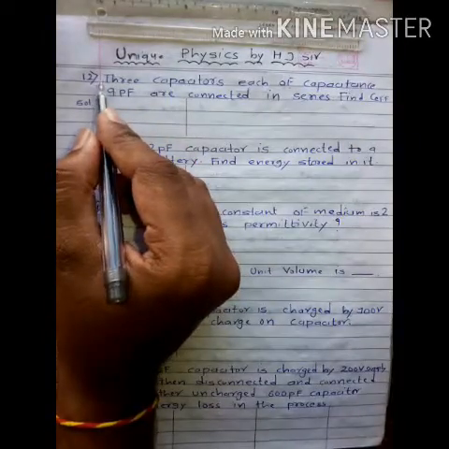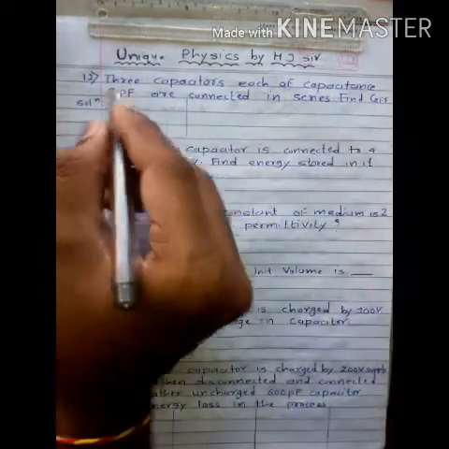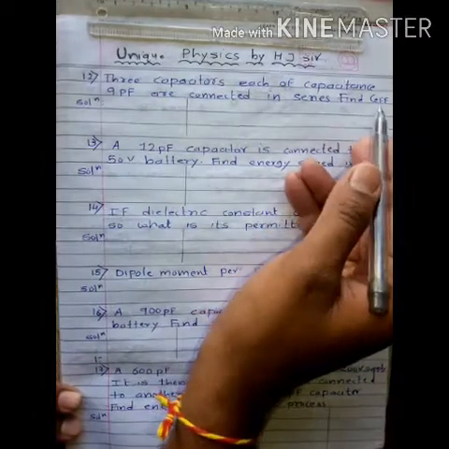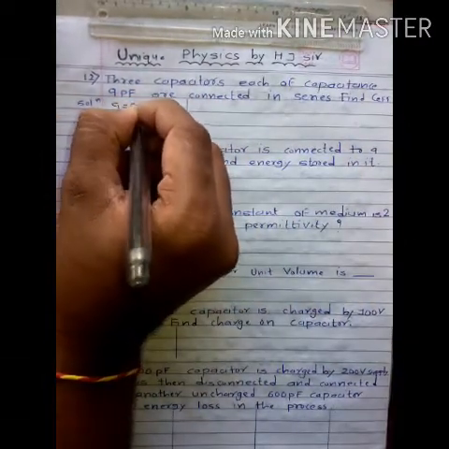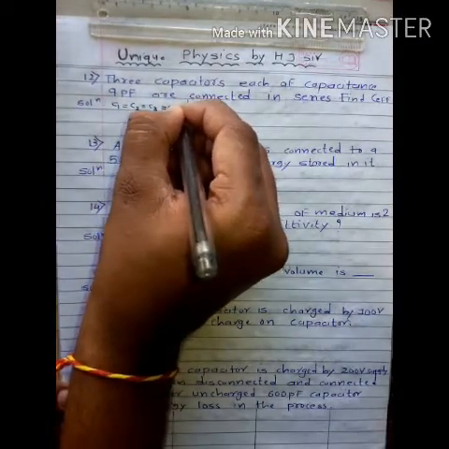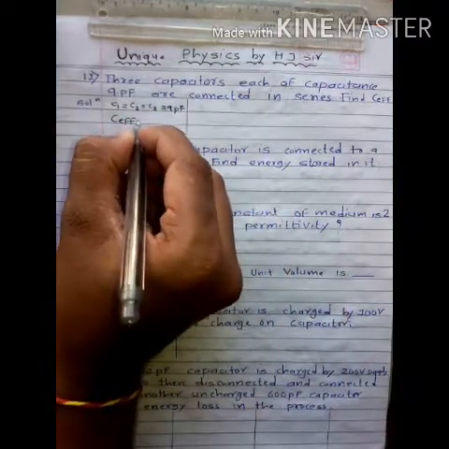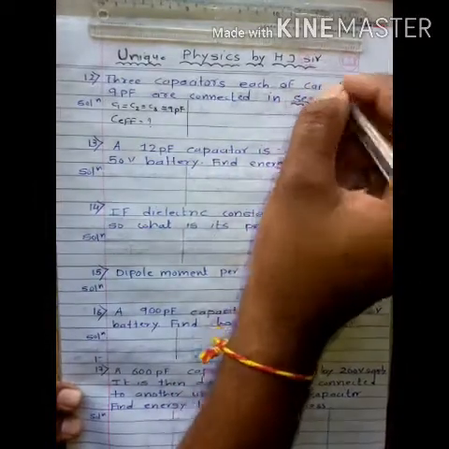Next MCQ, 12 number. 3 capacitors, each of capacitance 9 picofarad, are connected in series. Find effective capacitance. So we have 3 capacitors. C1 is equals to C2 is equals to C3 is equals to 9 picofarad. Here we have 3 capacitors connected in series.